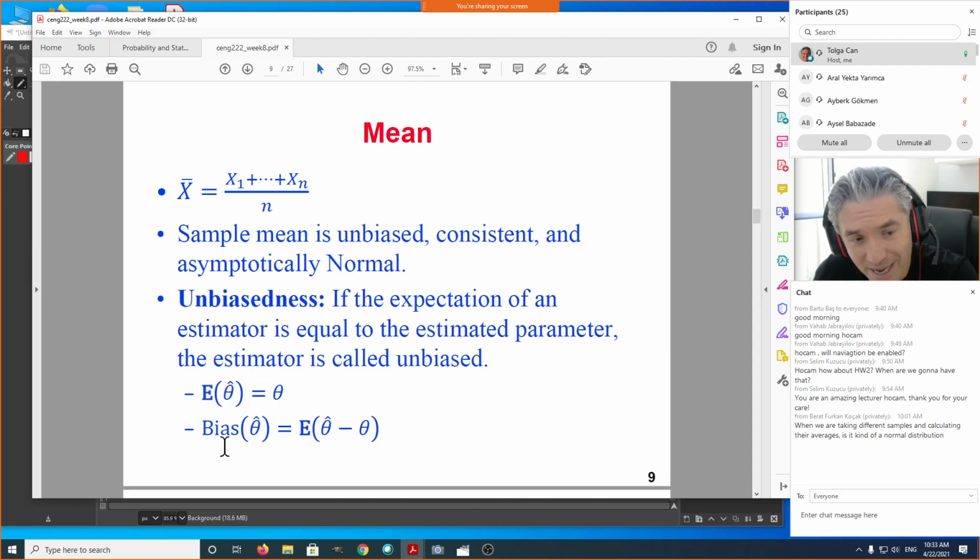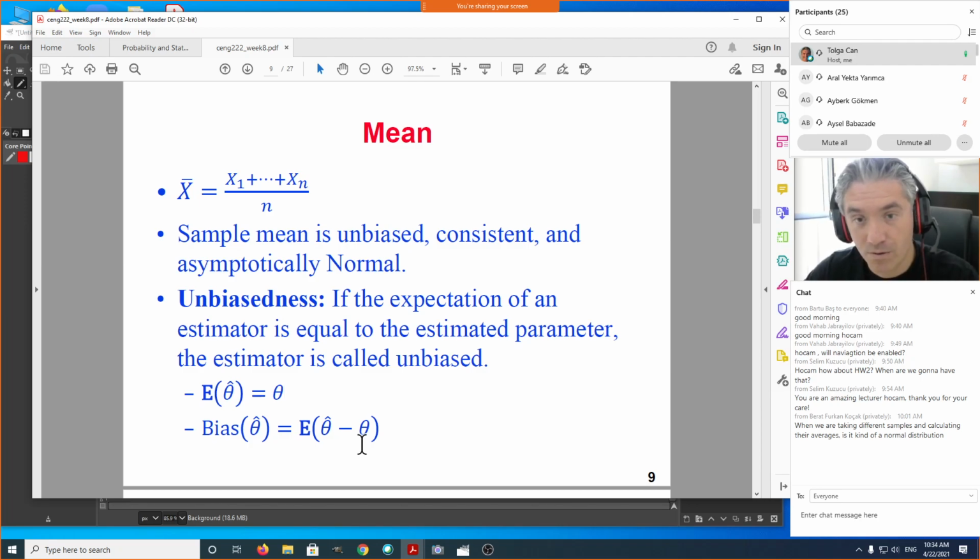In general, the bias of an estimator is the expected value of the difference between theta hat and theta. Because of linearity of expectation, you can write this as the expected value of theta hat minus the expected value of theta, since theta here is a constant number. It's not a random variable. That's also an important terminological distinction between theta hat and theta.